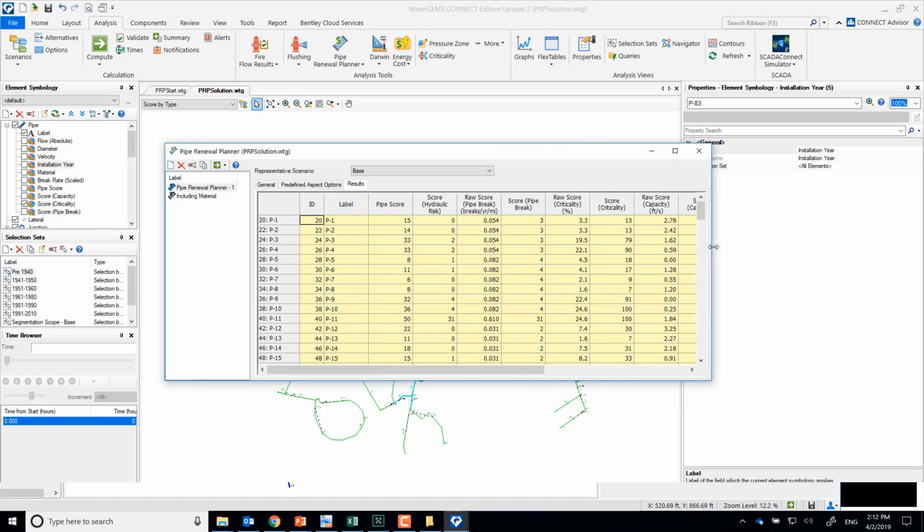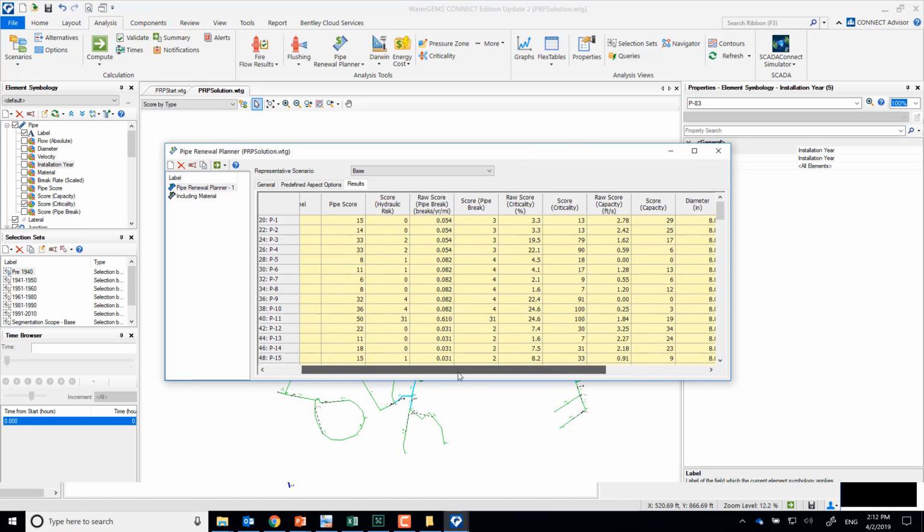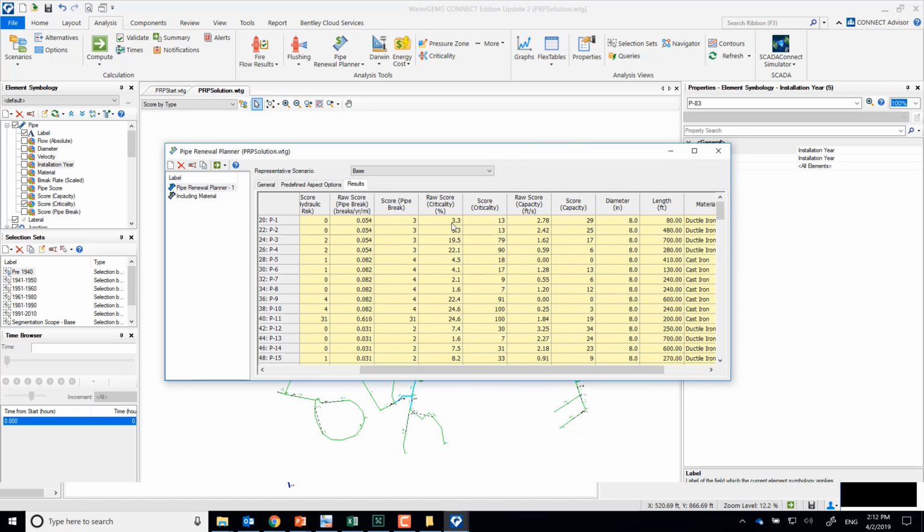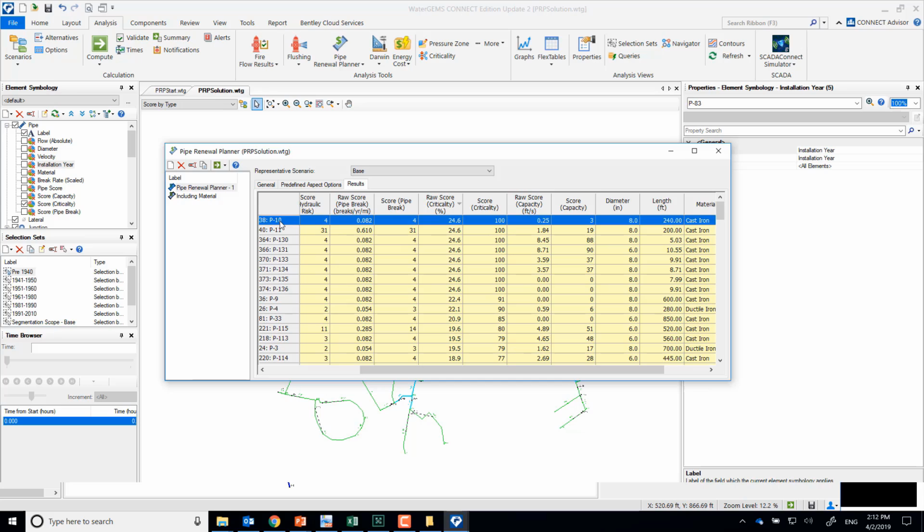Okay, so this result for criticality, we get a raw score, and I'm going to sort this descending. Okay, so what does this mean? In the criticality, we say that if P10 were to break, 24.6% of the total demands could not be met.